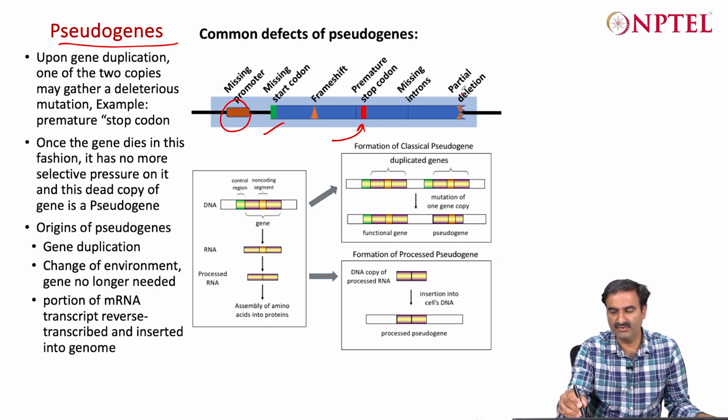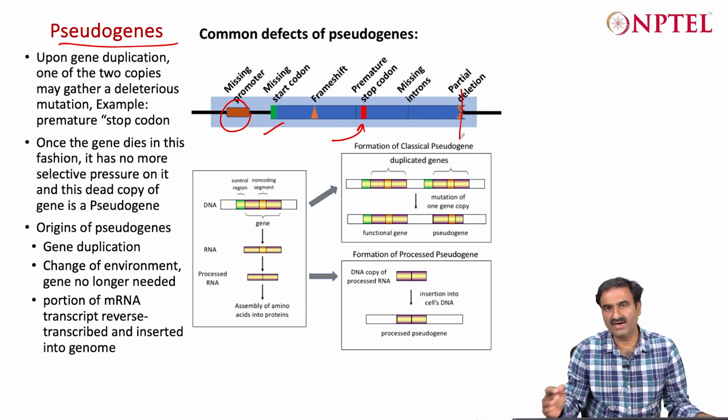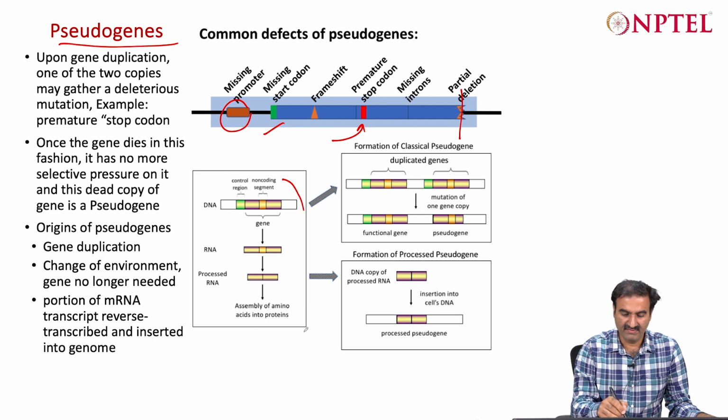Or during some event, a part of the gene is lost because of a recombination event or breakage of the chromosome. So a gene can lose its function in these ways, whereas a normal gene is making the RNA and the protein.